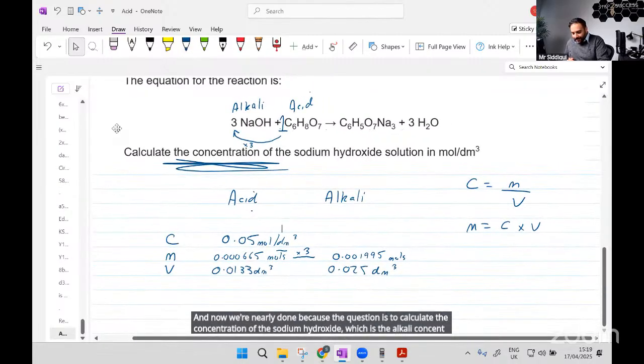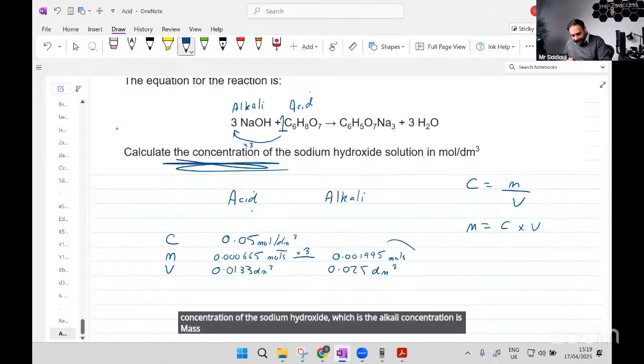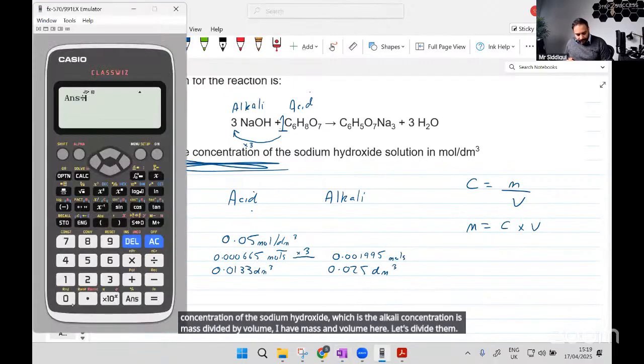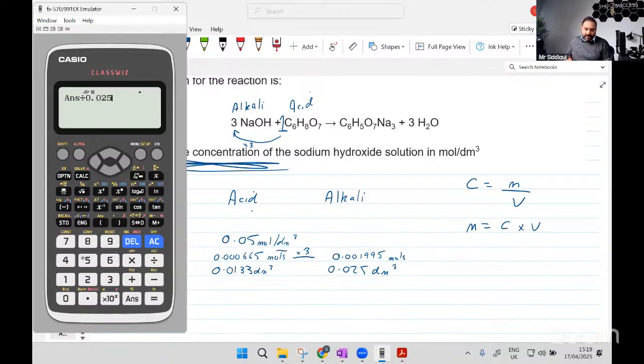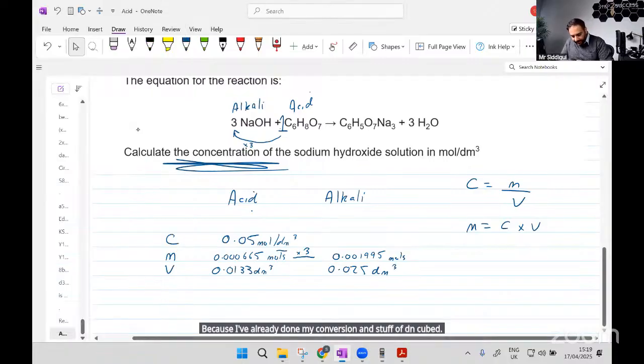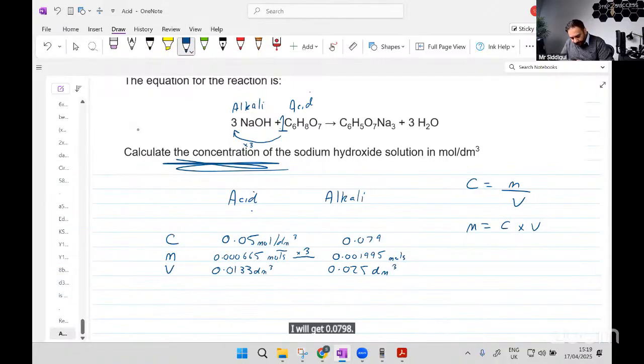Concentration is mass divided by volume. I have mass and volume here. Let's divide them. Because I've already done my conversion of dm cubed, I will get 0.0798. And that will be the answer to the question.